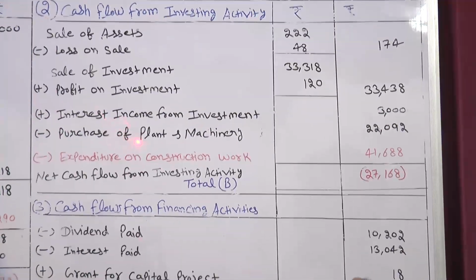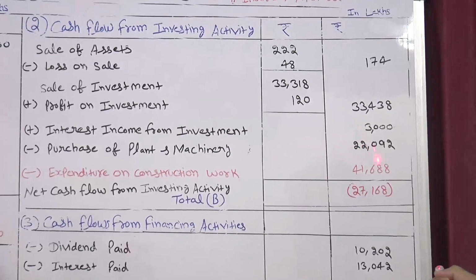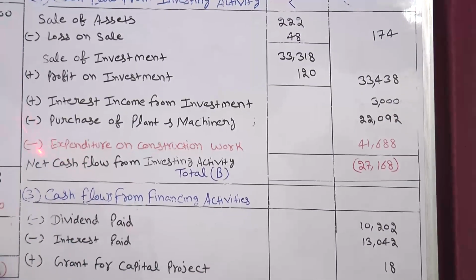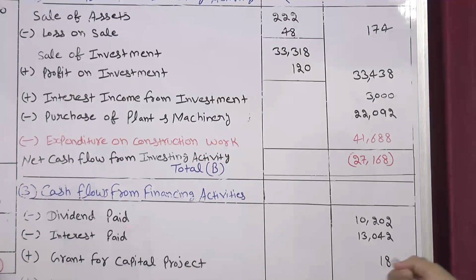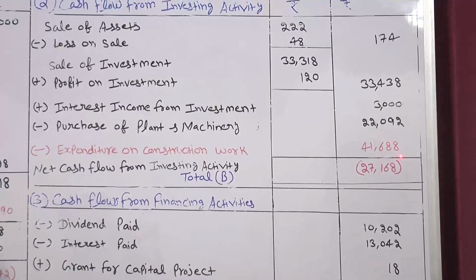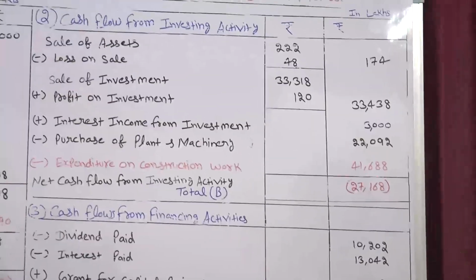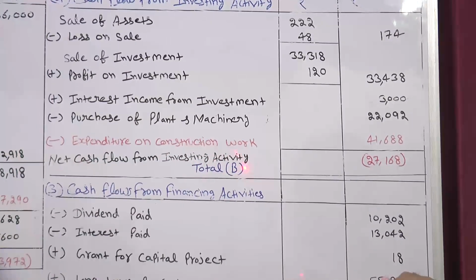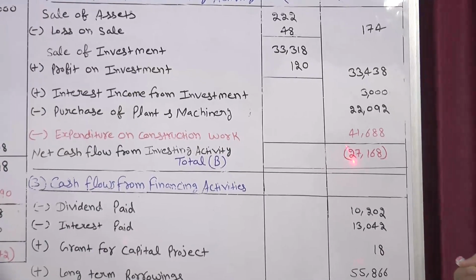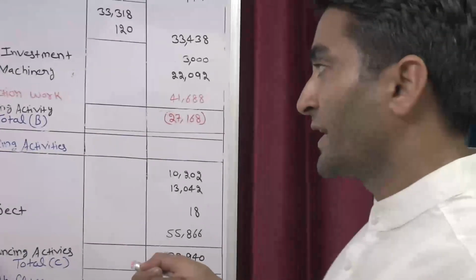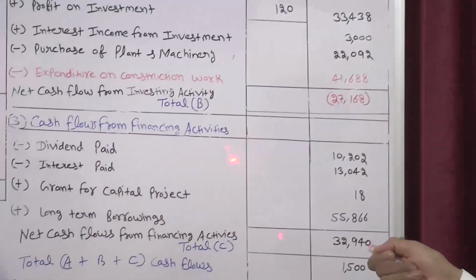Then deduct purchase of plant and machinery 22,092. And next is expenditure on construction work 41,688. After adjusting all of these items, finally we get net cash flow from investing activity, that is negative 27,168. So now come to cash flow from financing activities.